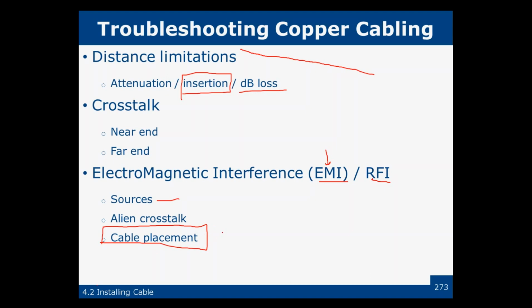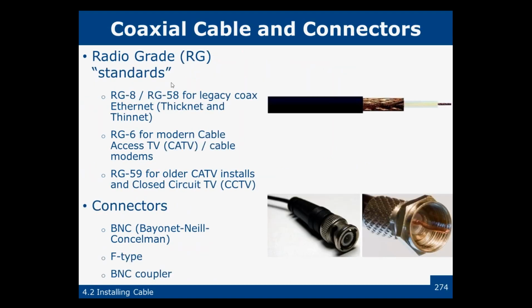Fluorescent lights are one of the things that can cause you issues with the cables if it's too close. If you lay it across a fluorescent light, it's going to affect your data rate. It's going to put noise on the system. They really do some not good stuff for it.